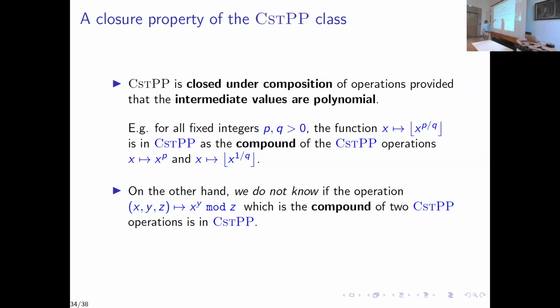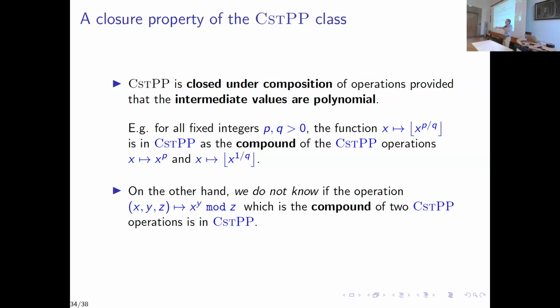And this is the difficult point. On the other hand, we don't know how to compute this one. It's a classical object used in cryptography and so on, because you have an intermediate result which is exponential. I cannot manage with it.